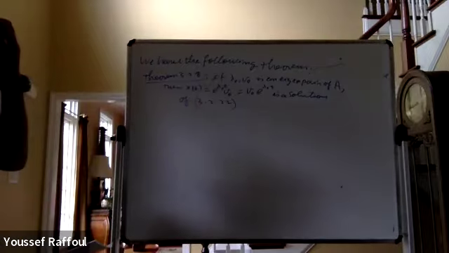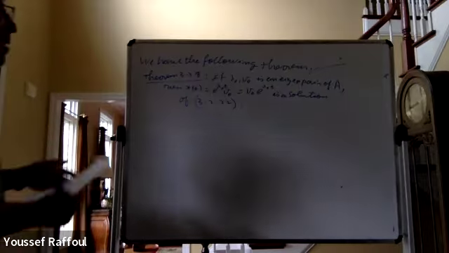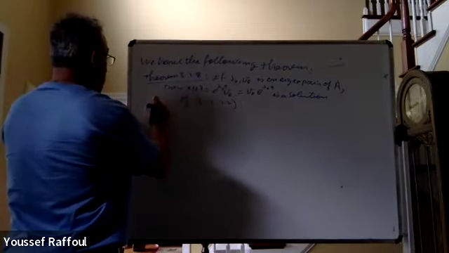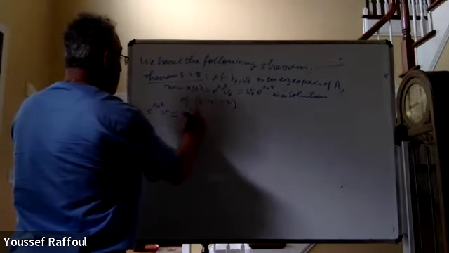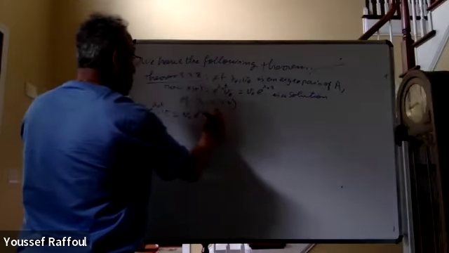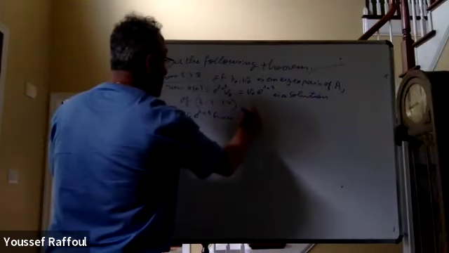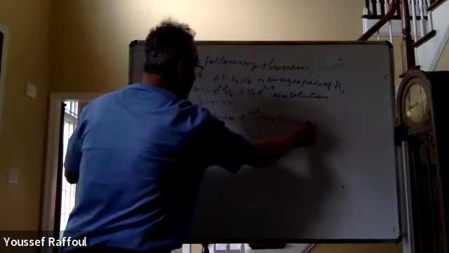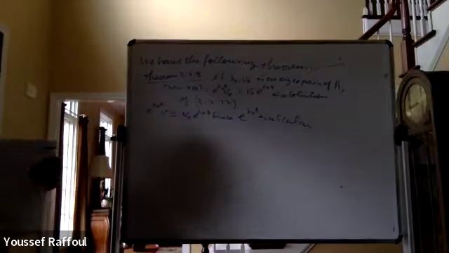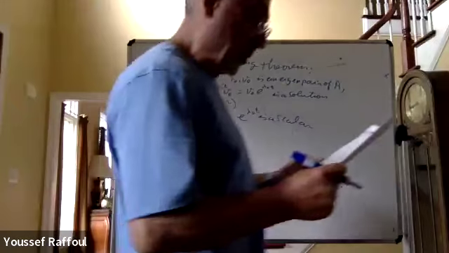Now, e to the lambda 0 t v0 equals v0 e to the lambda 0 t, since e to the lambda 0 t is a scalar, not a vector. It's a number.